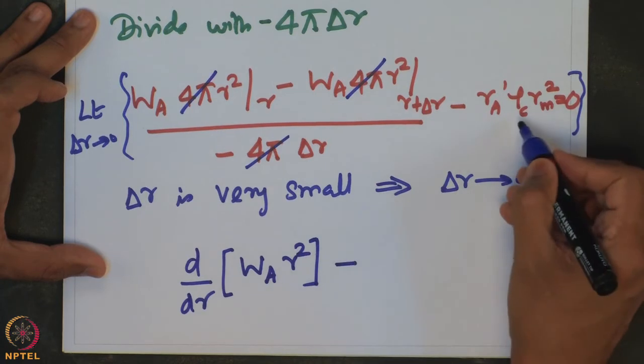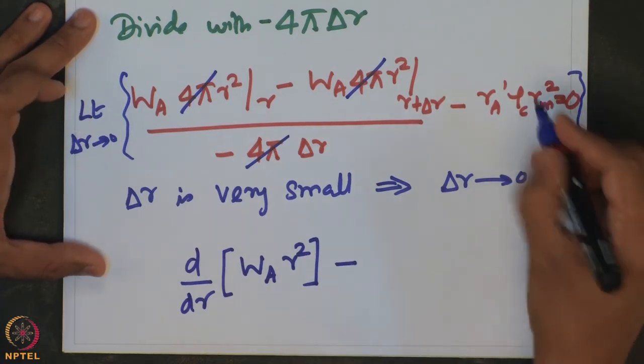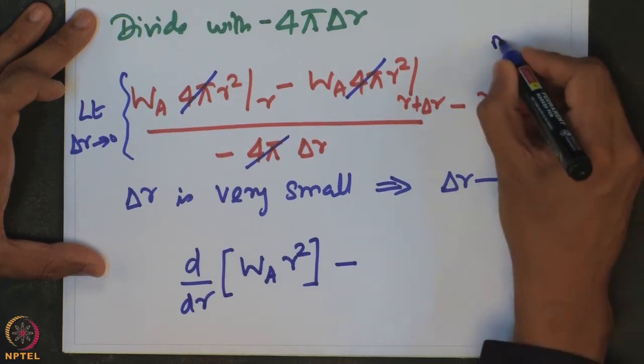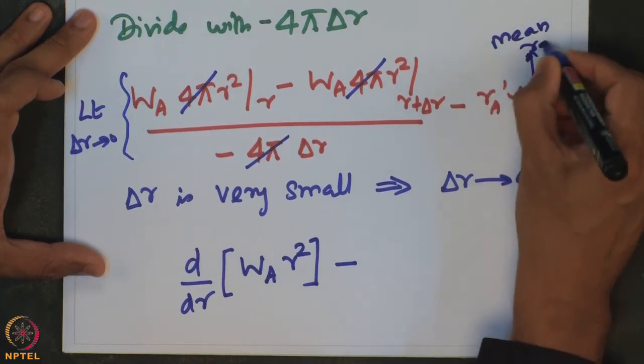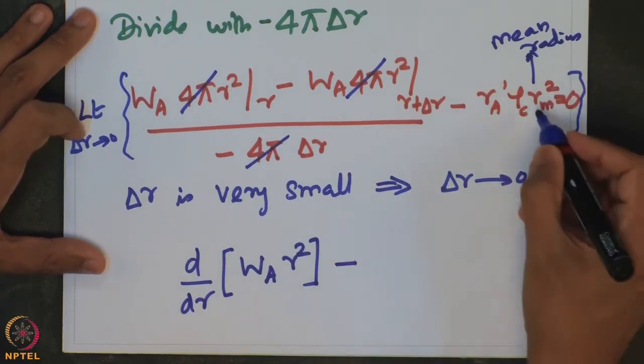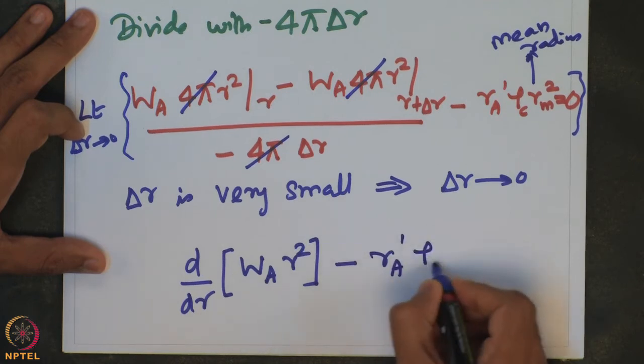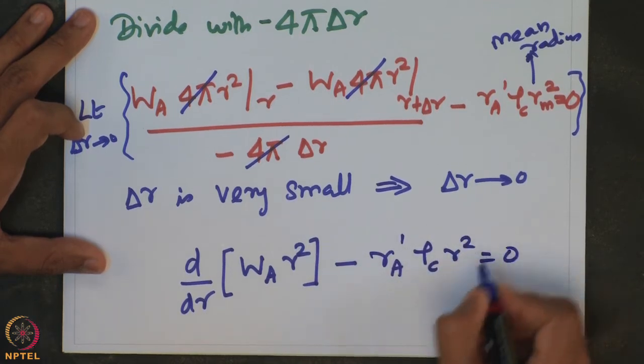In the second term, when delta r goes to 0, recall that R m is essentially the mean radius of the element. So, when delta r goes to 0, R m square is equal to r square. So, that will be R A prime rho c into r square equal to 0.